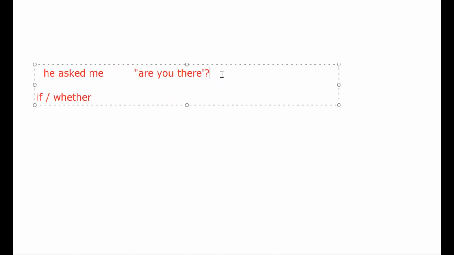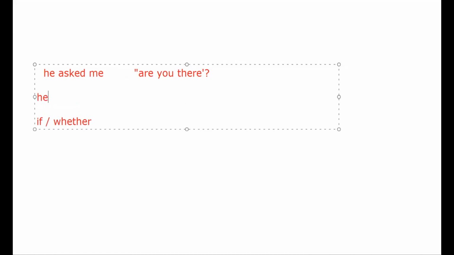Or to change this into indirect speech. He asked me if I were there, if subject verb. Or you can also use instead of.